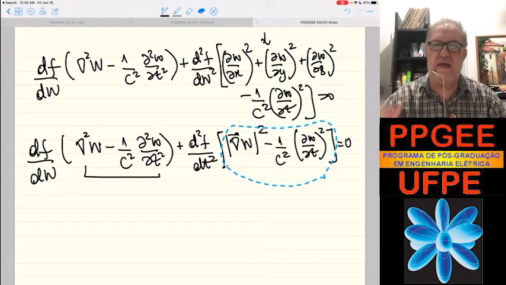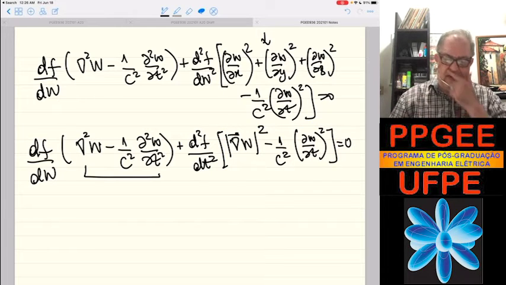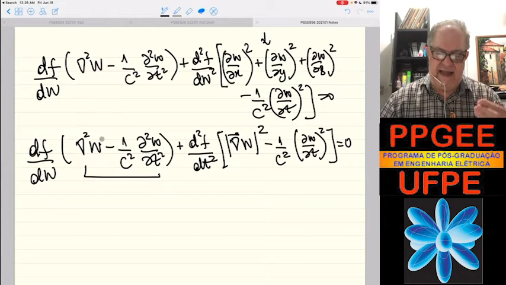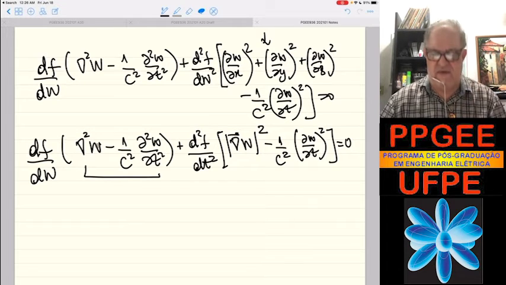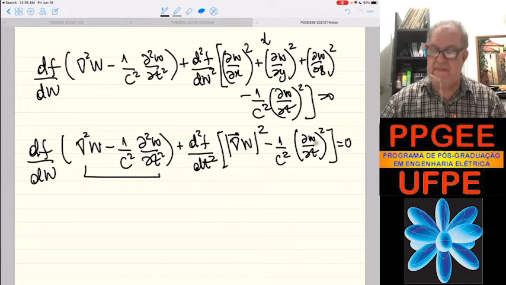Okay? Both equal to 0. So, in other words, w has to satisfy the wave equation, which is nothing new, because f's argument is something that also satisfies the wave equation. But the new thing is that this relationship also has to be 0.